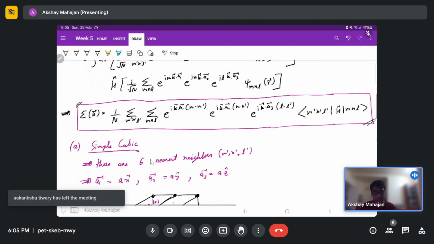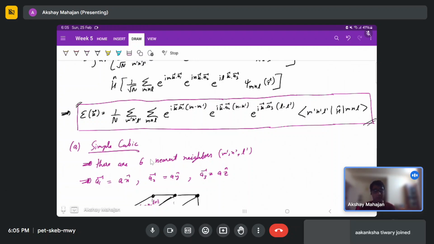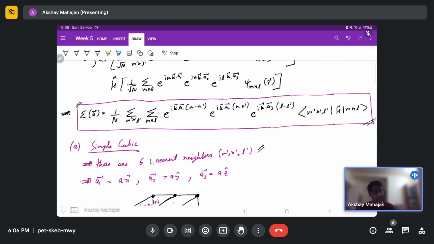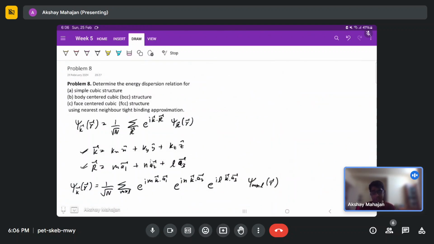You just need to know your lattice parameter, your nearest neighbors and their coordinates in terms of the lattice parameter, and then just put them in this formula and collect the non-zero terms, and that will give you the tight binding dispersion relation. Alright, so just try out BCC and FCC on your own, and we will discuss them in the next session. At the start of the next session, I will do this, and then we will continue with the week 6 problems.